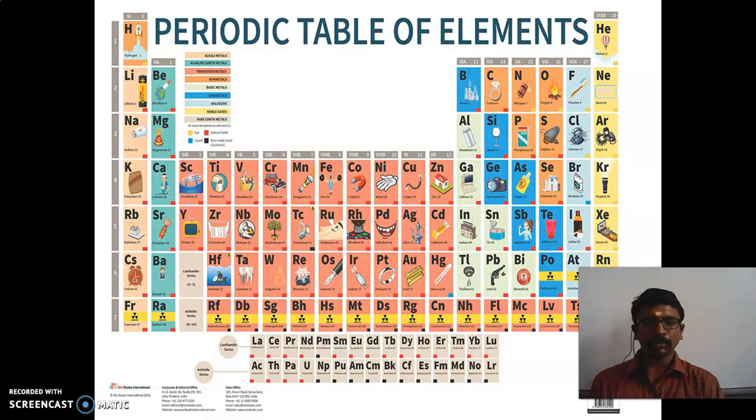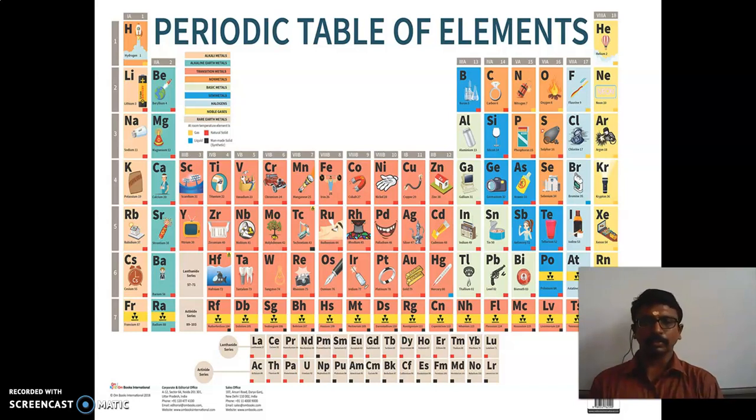We can remember them through some mnemonic words. So these are the first 20 elements. We have to learn them by heart.